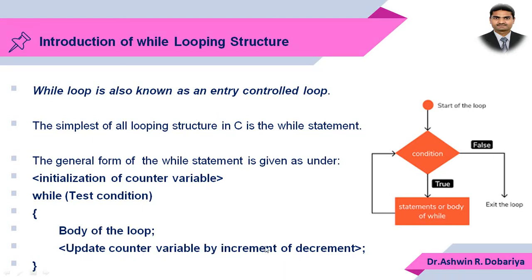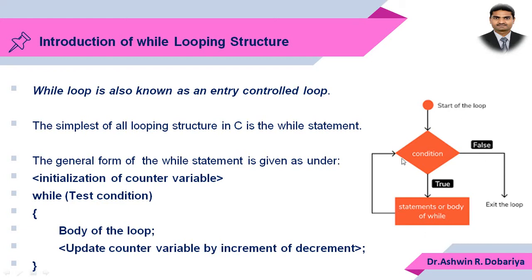Update means we either increment or decrement the counter. That is very similar to the concept of the for loop. Even if we compare the while loop with the for loop, the for loop also has initialization of the counter, then the test condition, and increment or decrement. So only the way of writing the loop is a little bit different.